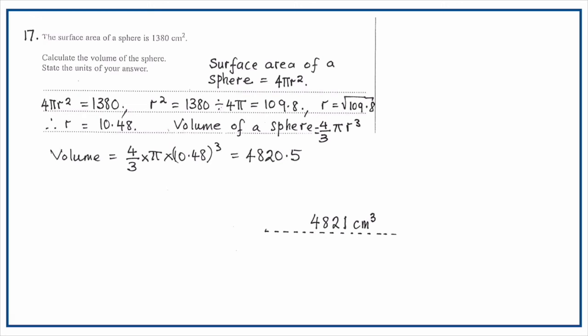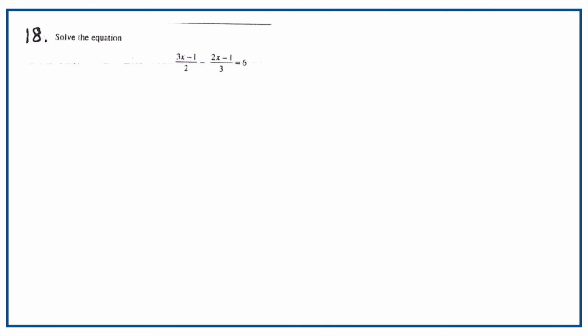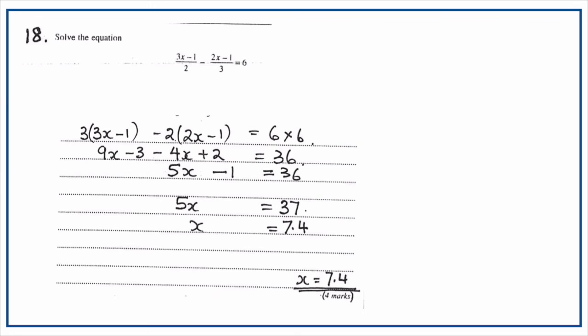Question 18, solve the equation (3x minus 1) divided by 2 minus (2x minus 1) divided by 3 equals 6. So here we multiply all the fractions and the number by 6, because we notice the lowest common multiple of 2 and 3 is 6, so we multiply everything by 6.